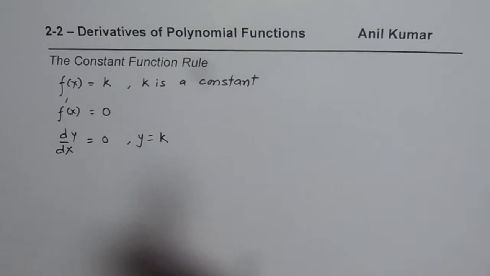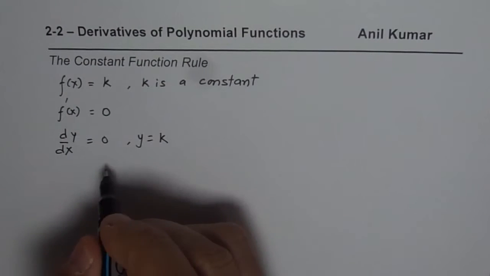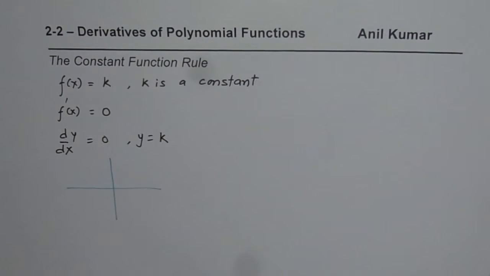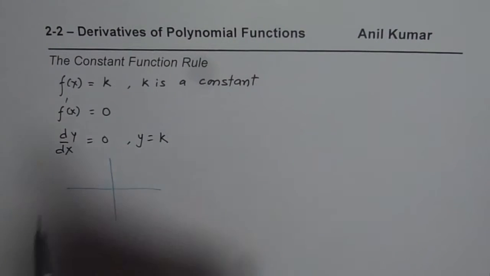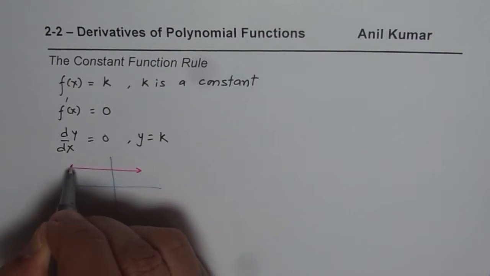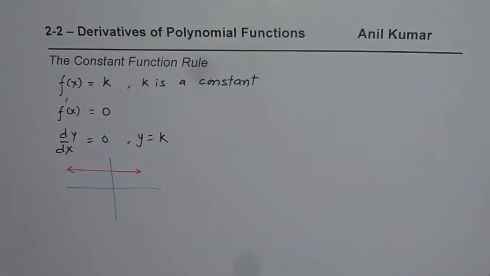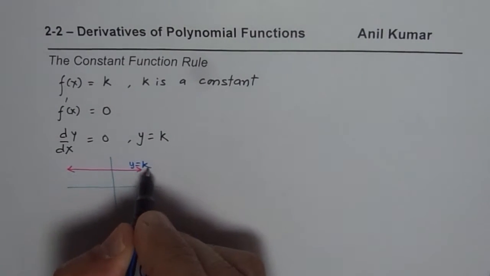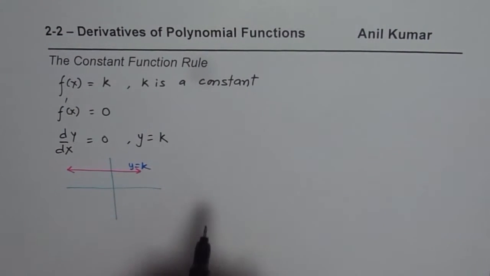It is important to understand that the derivative of a constant is always 0. We also derived it in previous videos, and I'm providing you with the link for the same. Here are a few examples to see why. A constant basically means that for each and every x value, it will be a horizontal line. So this function is y equals k, a horizontal line.